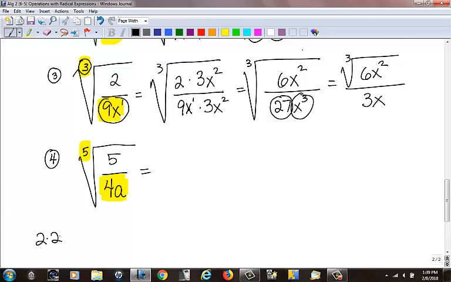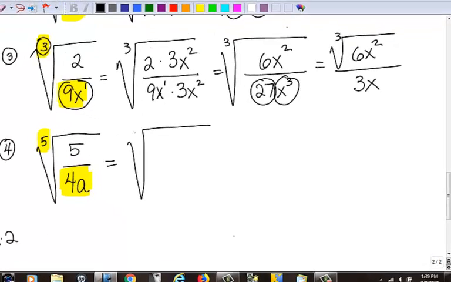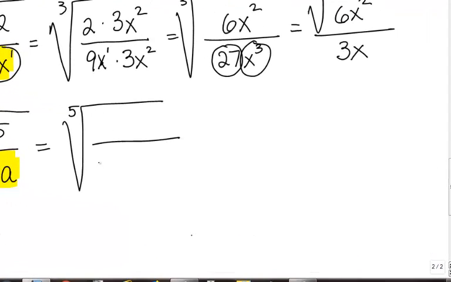So what do I have to multiply it by? 3. 2 to the, so I'm multiplying by 8, or 2 cubed, right? So you can write it either way. I don't care if you write it 2 cubed or if you write it 8. And for the a, I have a to the first, and I need it to be a to the fifth, so a to the fourth. So the 5, take it times 8, a to the fourth.